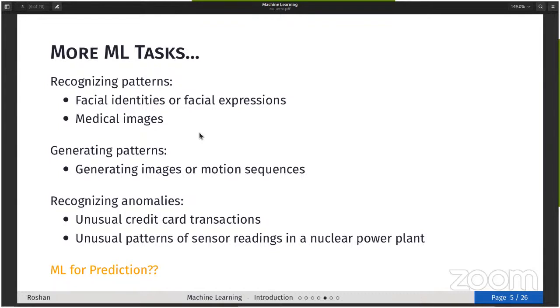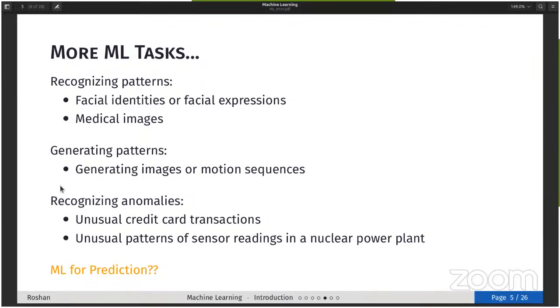I think all of you must have gone through searches on the internet, and you can actually generate images or motion sequences. You can also generate music, you can generate videos. You just have to define what you want in the image or the video, and the machine learning model can actually do it.